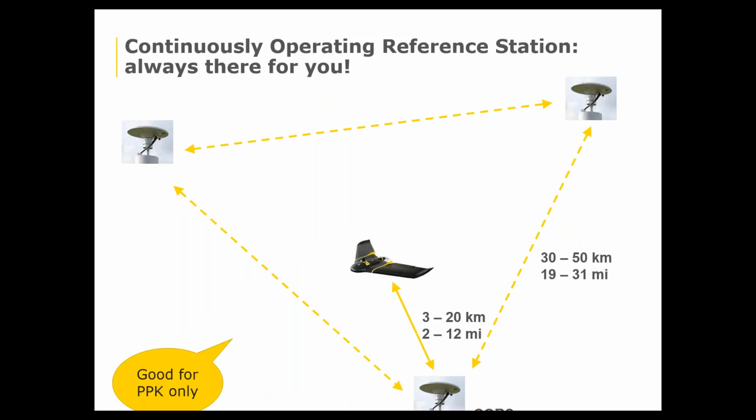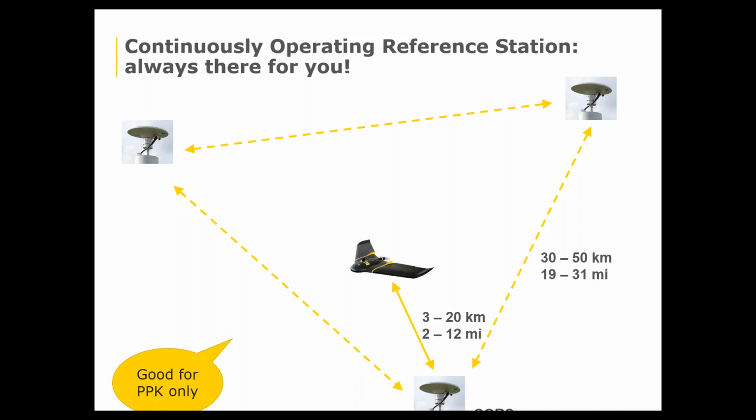This is the first option. The second option is what we call the CORS, the continuously operating reference station. And in this case, it's something that is good for PPK. And remember, PPK is in post-processing, so it's not done in real time. It's something that can happen after the flight, and you can decide to do it or not after the flight. And in this case, you will connect to the real base station with a distance of several kilometers.